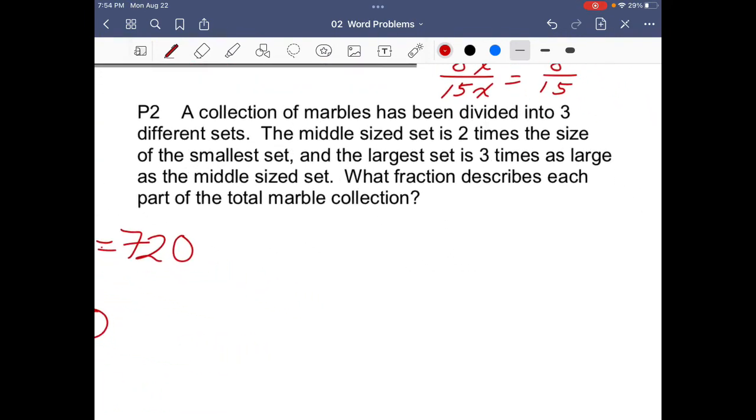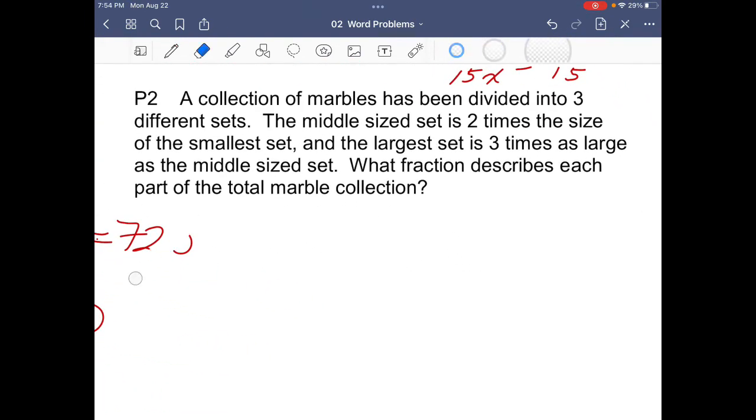How about the marble problem? Kind of looks a little bit like the fraction problem from up above. We've got three different sets. It says the middle set's twice the size of, or 2 times the size of the small set, and the largest is 3 times as large as the middle.